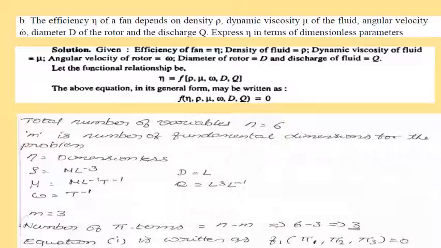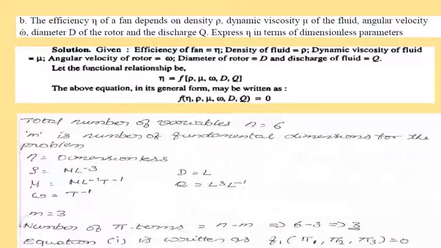See here, the efficiency is the dependent variable. So the efficiency of the fan is a function of the other independent variables: density, viscosity, angular velocity, diameter, and discharge.